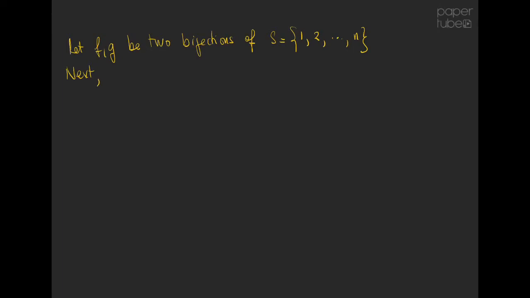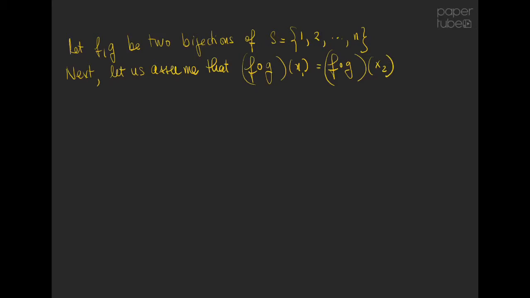So let us assume that f composed with g of x1 is equal to f composed with g of x2. In other words, f composed with g of x1 must be equal to f composed with g of x2.